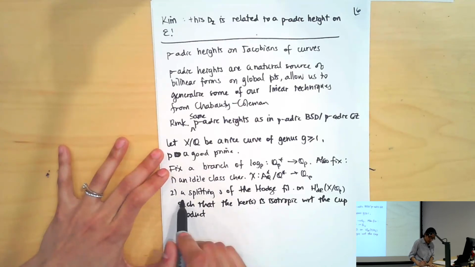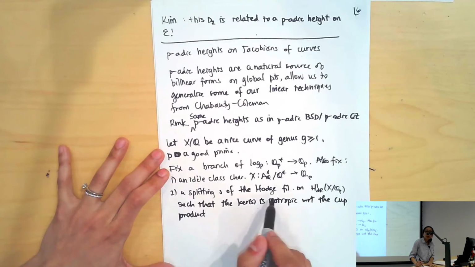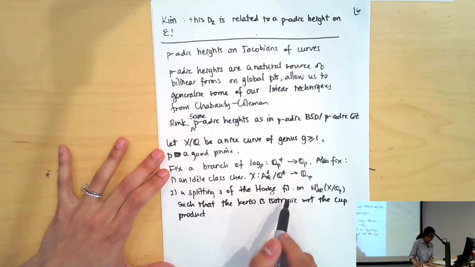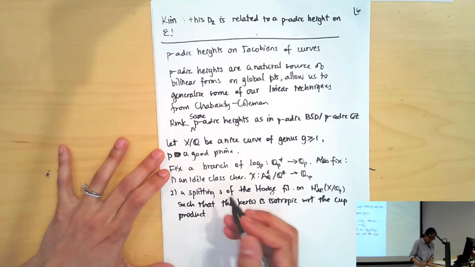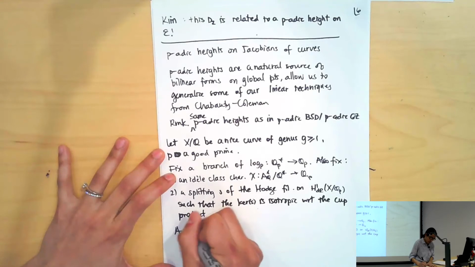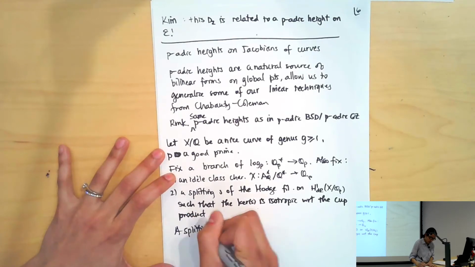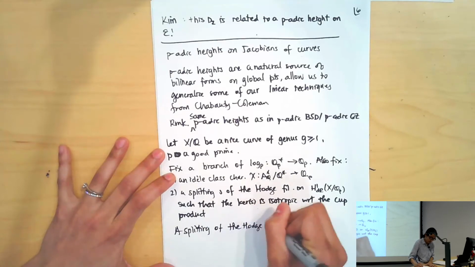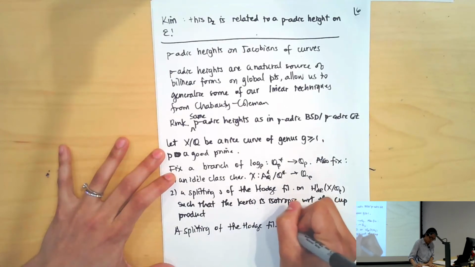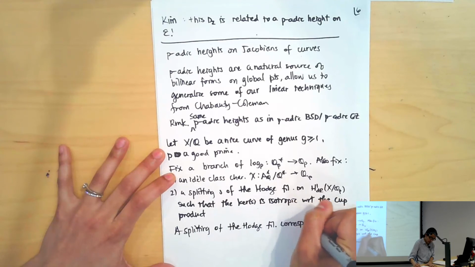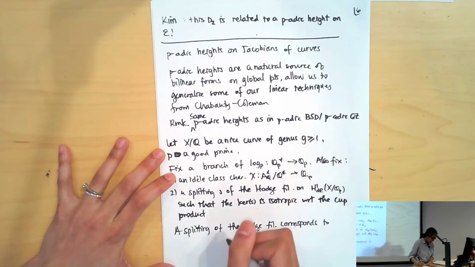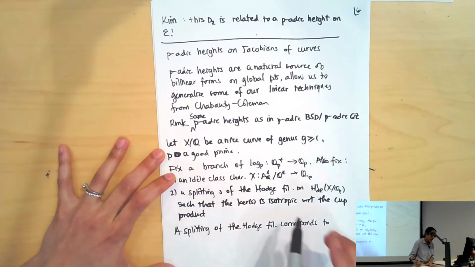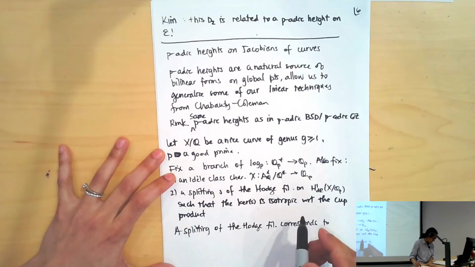And maybe to say a little bit more about what the splitting of the Hodge filtration does for us and why we need it. A splitting of the Hodge filtration corresponds to a complementary subspace to the space of regular one forms in H1 de Rham.